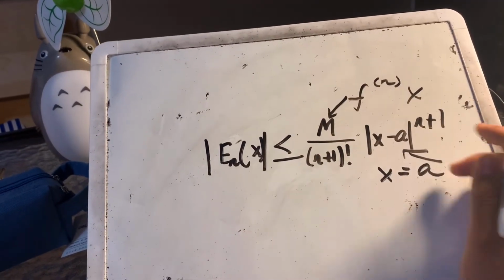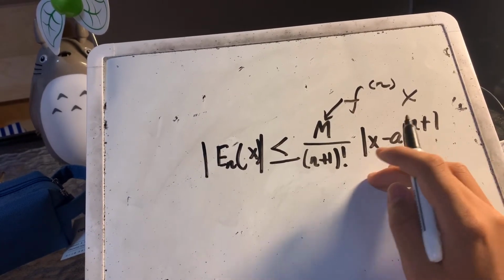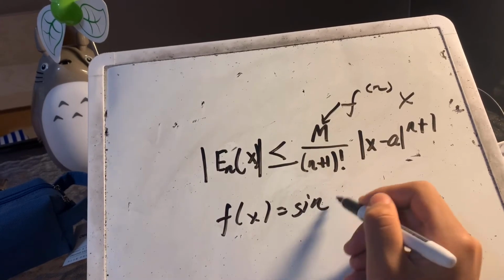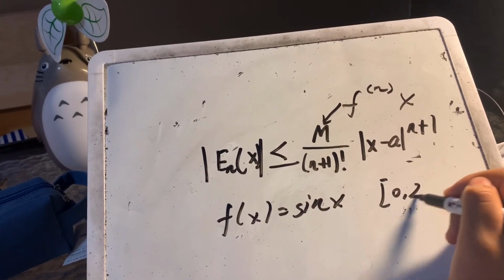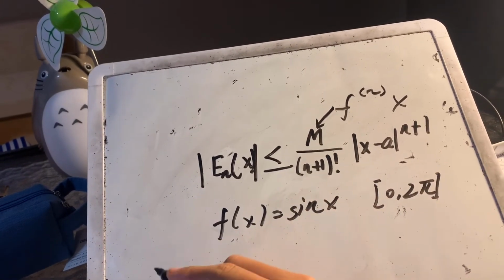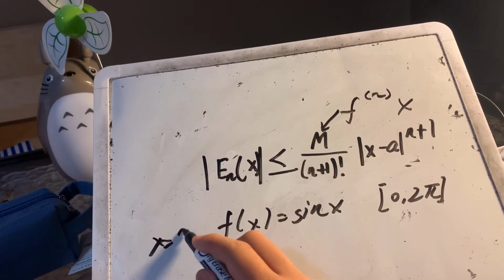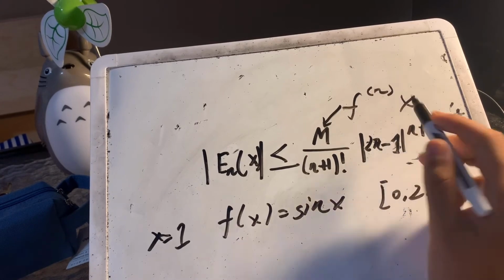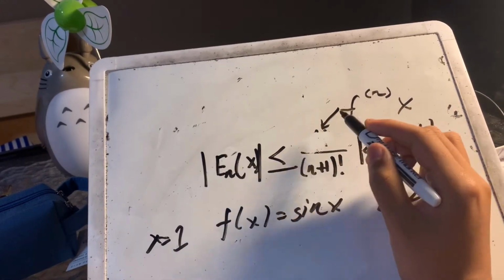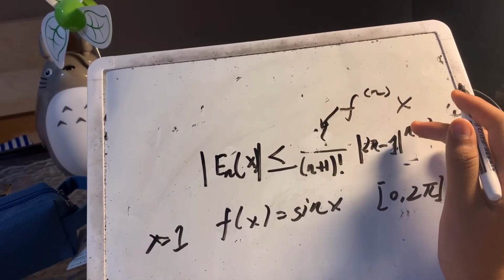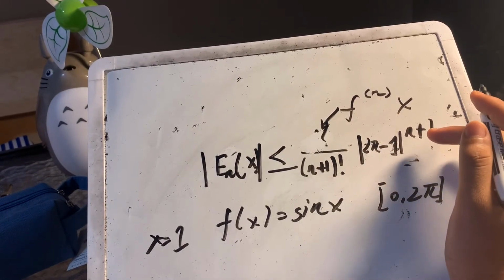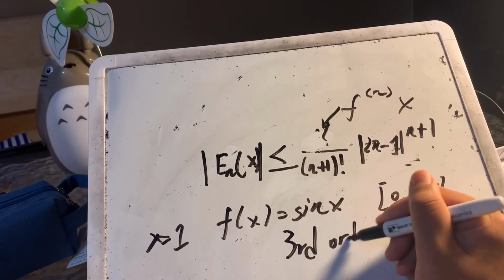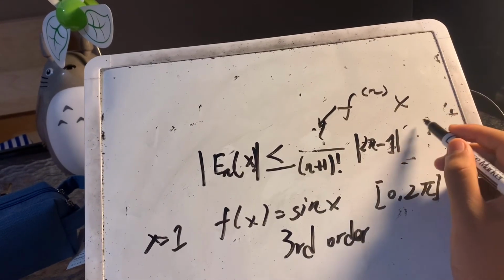Let's give you an example. I will tell you how to solve it. The Taylor series for f(x) equals sine x at 0, with x equal to 1. So we get this is going to be 1, and this is n plus 1, which is the last term. Let's say that it is going to be the third order, so this is going to be 4.